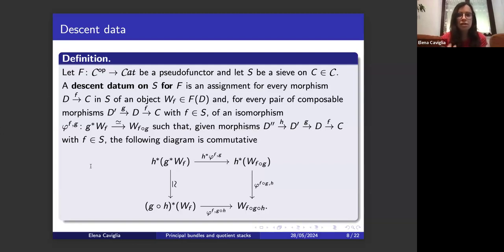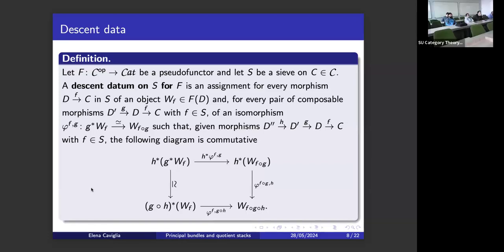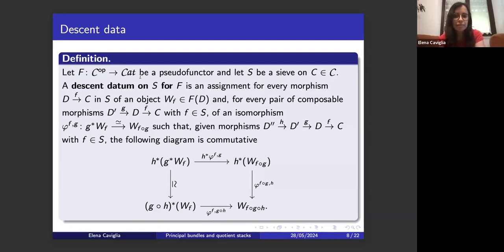And so to introduce this weaker gluing condition, what we need is the ingredient of a descent datum. So if we have a pseudo-functor F from C^op into Cat, and a sieve S on an object T, a descent datum on the sieve for F assigns to every morphism in the sieve an object W_f, which is in the image of the domain of the morphism.